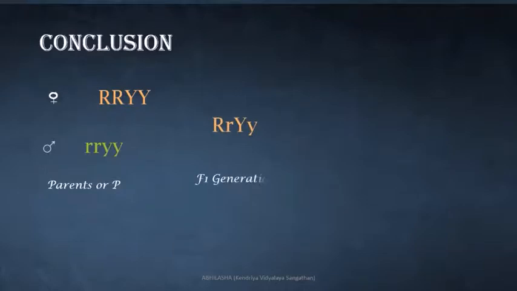Now what conclusions can we draw from this dihybrid cross? The female parent initially had the round with yellow trait, that is capital R allele with capital Y allele. The male parent had the small r allele with small y allele. But in F1, these two came together. You had capital R with small r and capital Y with small y.